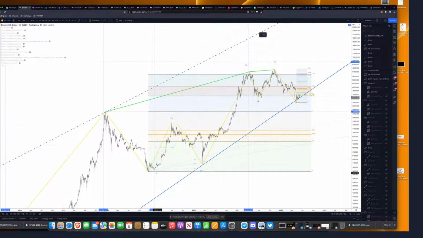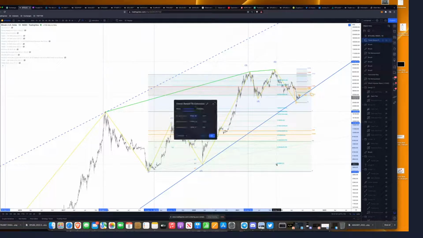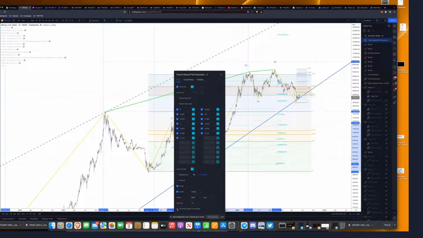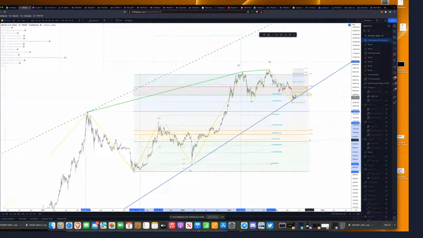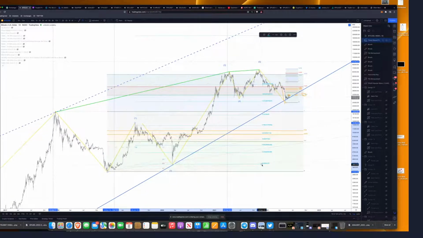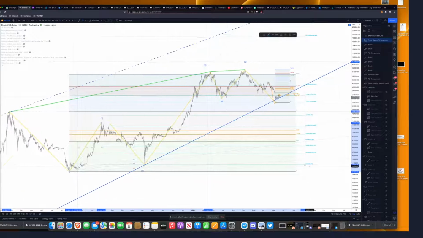You get from the bottom to the high to the low. And just make sure, put that there. Let's move this across. Now you're going to see the confluence.